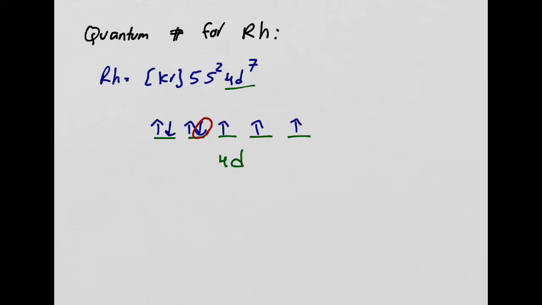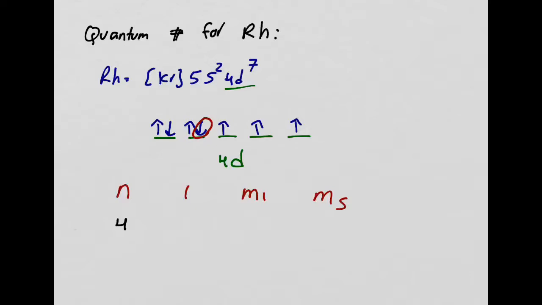Quantum numbers are for the last electron you put down. And remember, quantum numbers are always N, L, M sub L, and M sub S. What is my N? My N is 4 because I'm on the 4th level.